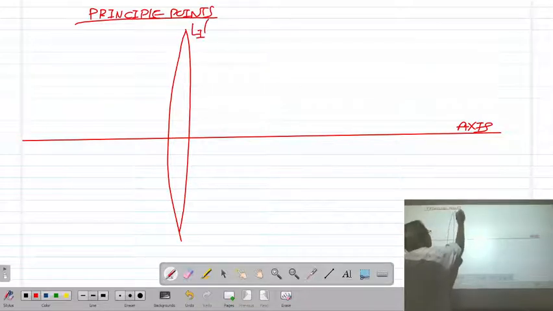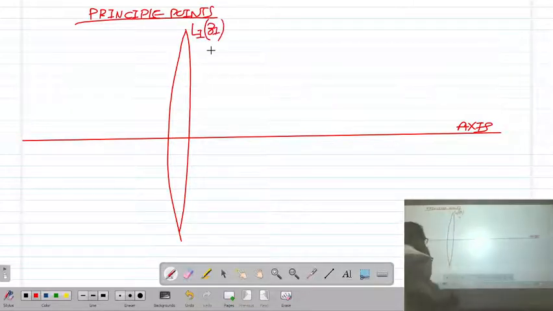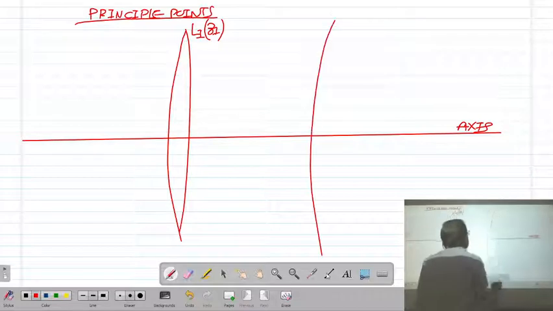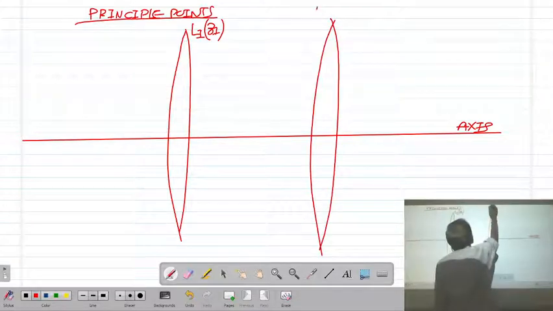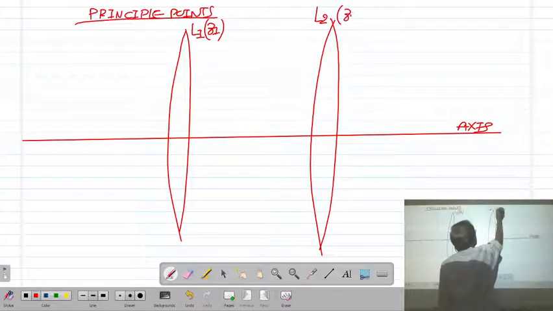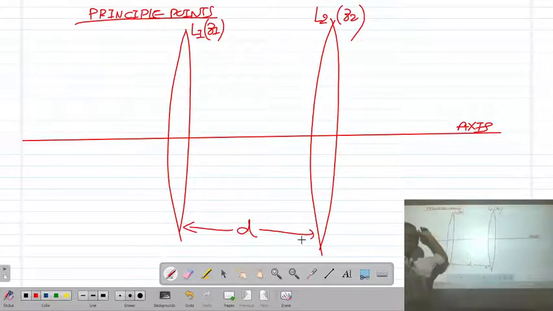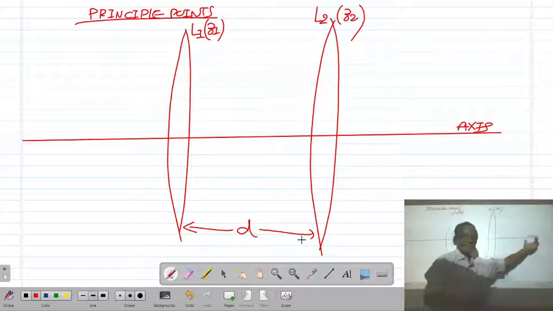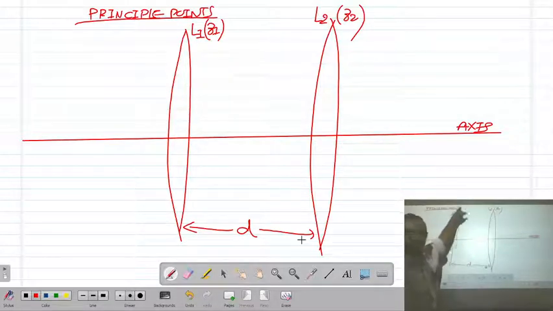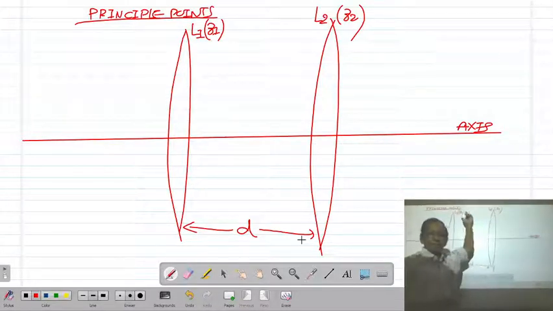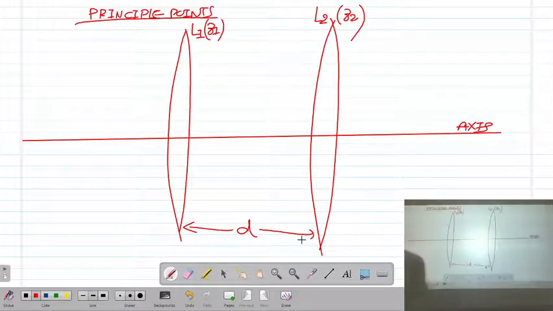This is lens L1, whose focal length is small f1. This is lens L2, whose focal length is small f2. Both the lenses are separated by distance d. So let us consider an optical system consisting of two lenses L1 and L2 having individual focal lengths f1 and f2 separated by distance d.